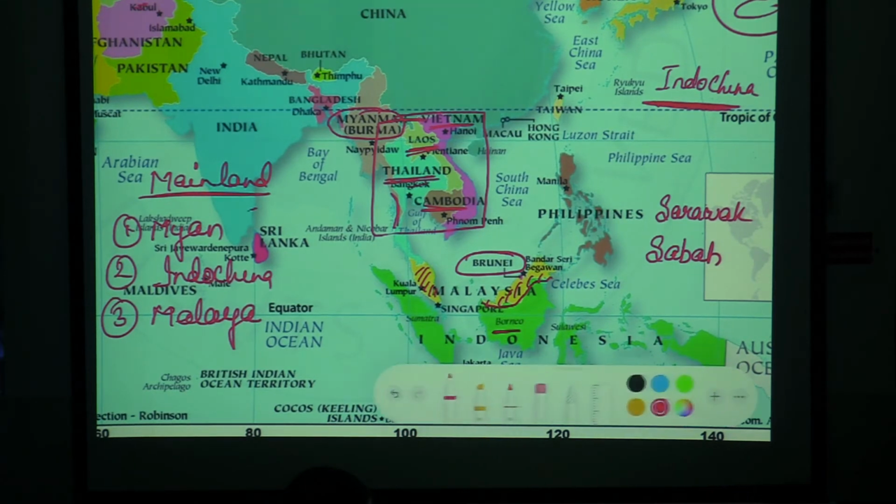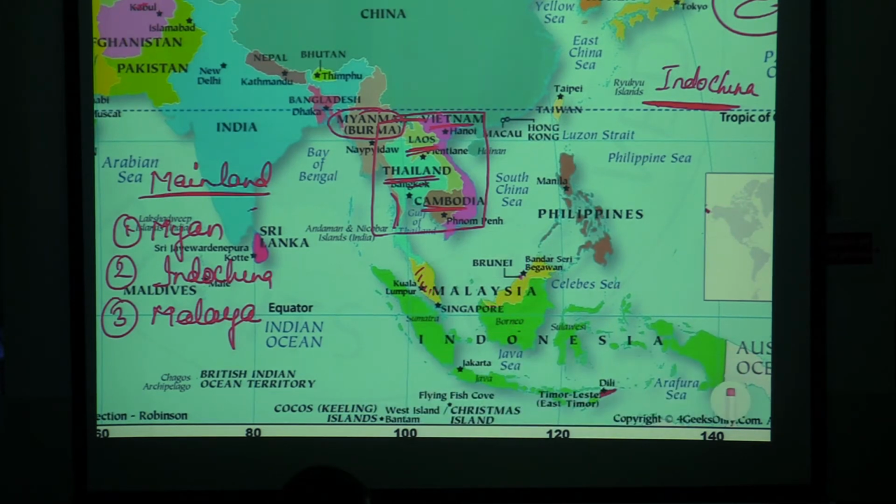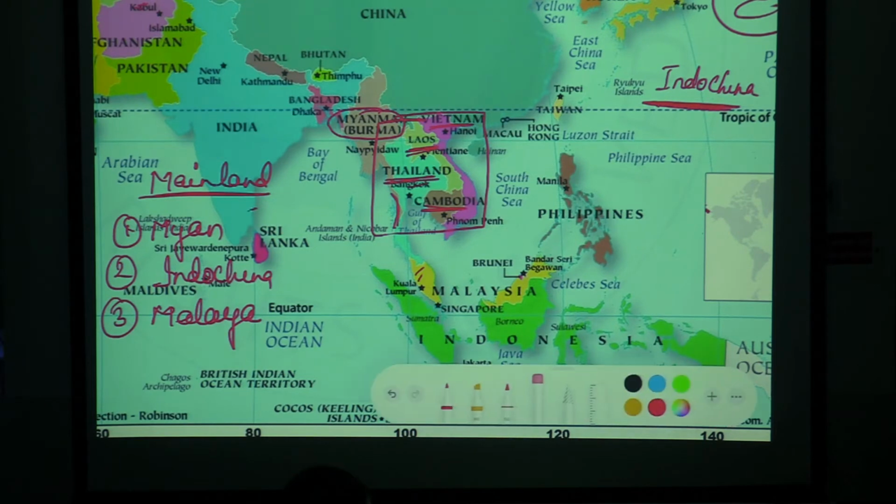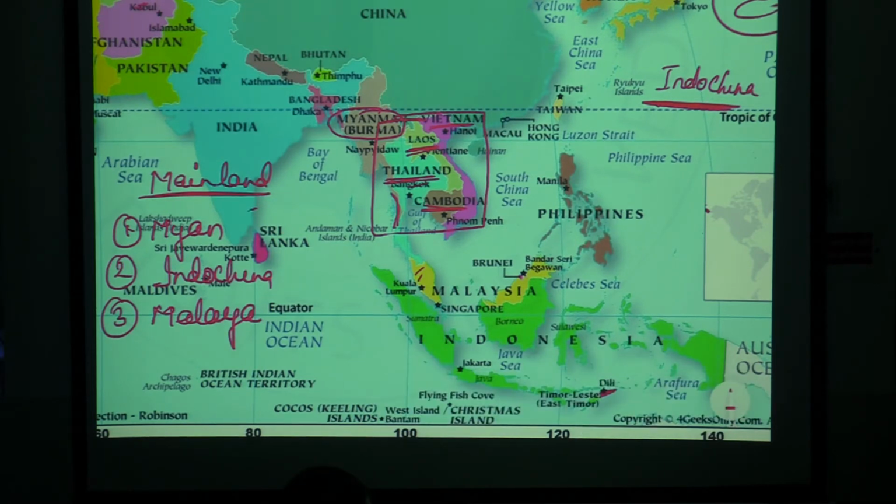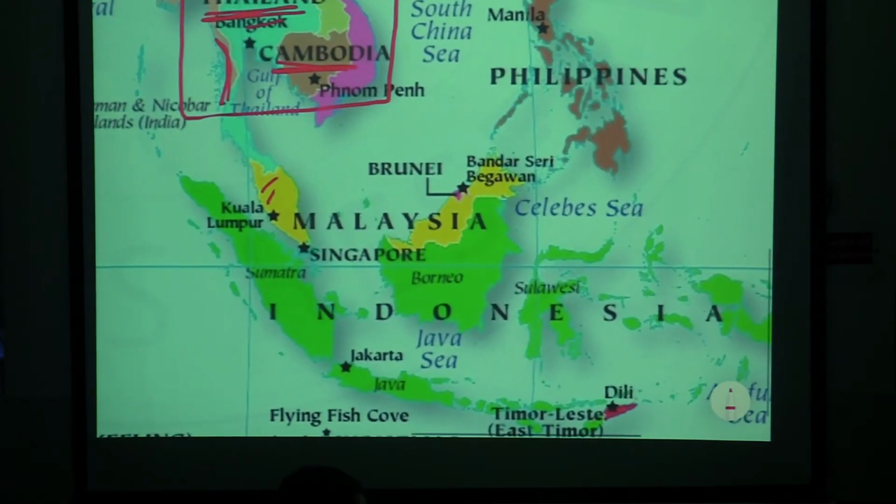So, Borneo basically incorporates three political units. Which are the three political units that I can see with Borneo? If I zoom in slightly more, which are the three countries that I am noticing with Borneo? Borneo majorly is Indonesia. It also has Malaysia and Brunei.